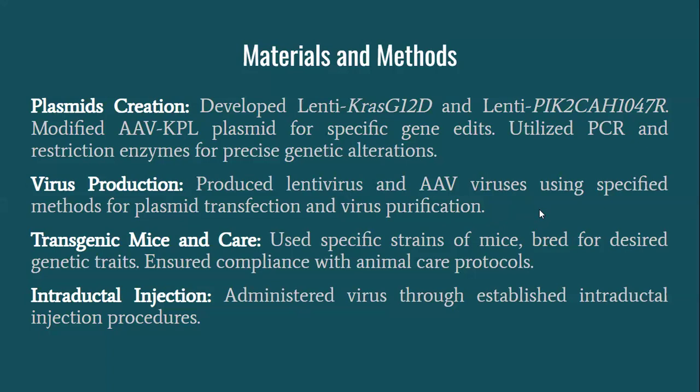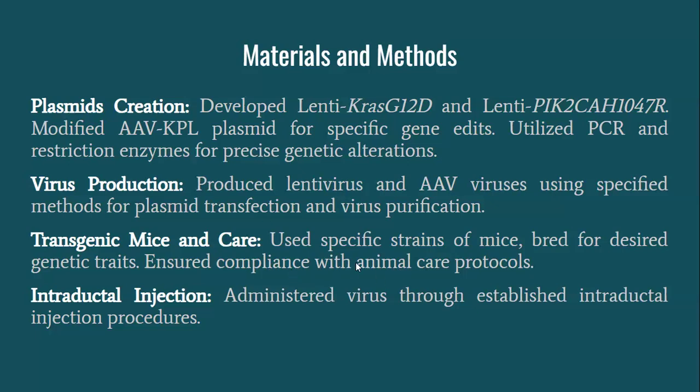Okay, so transgenic mice and care. So transgenic mice of specific strains were used, and they were bred for desired genetic traits, and of course, animal care protocols were followed.